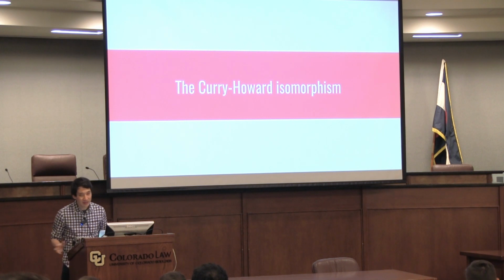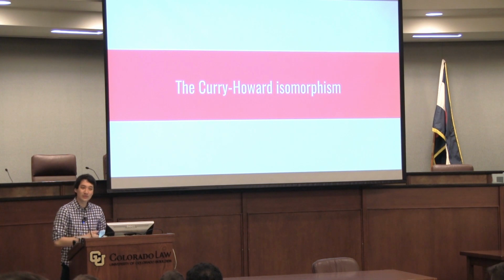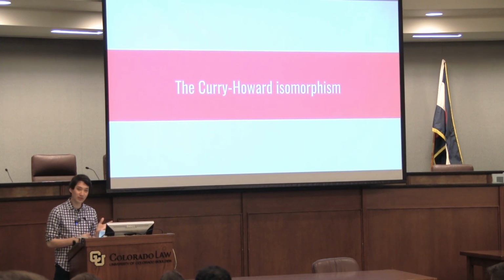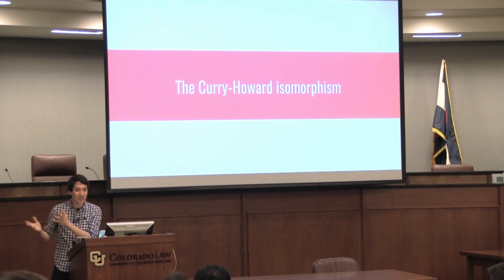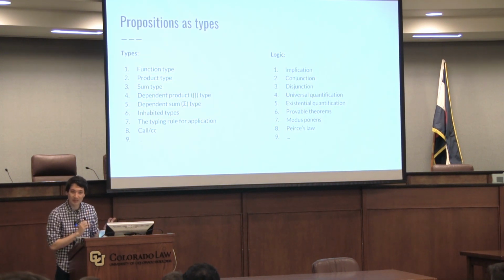Well, now you know what dependent types are. But let's talk about why they're cool. The Curry-Howard isomorphism is basically this really deep correspondence between types from programming languages and propositions from logic. Here's some of the correspondence. I've just written out a little table here for you.